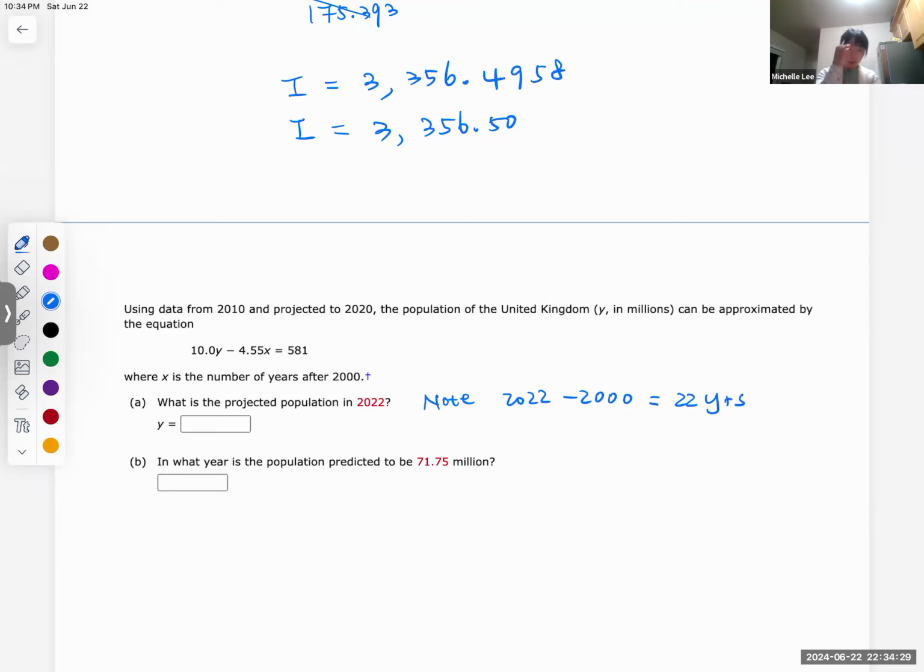Okay, then we want to solve for y, right?